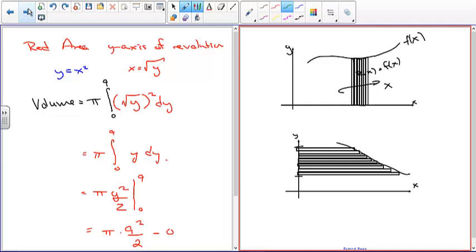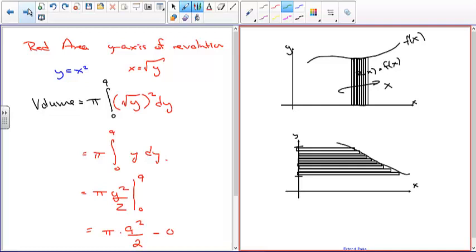Whereas when you're rotating around the y-axis, you have horizontal rectangles. And the radius is the height of the rectangle, but the height in this direction is x as a function of y instead of y as a function of x. So that's what this one was.